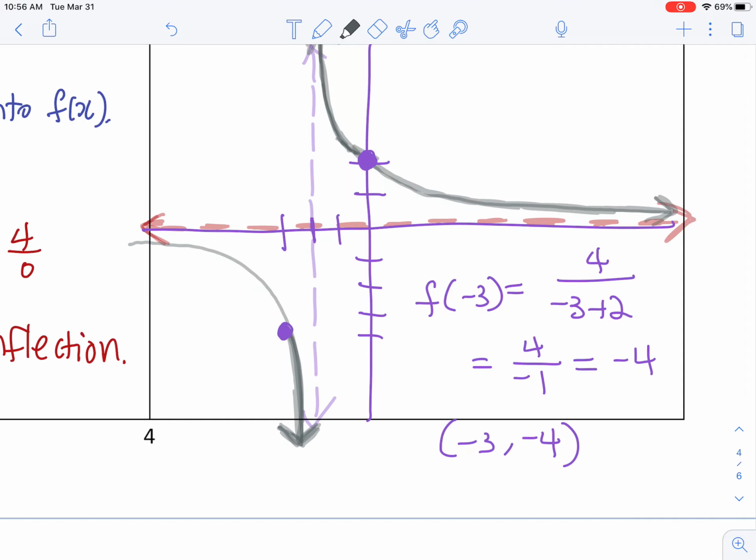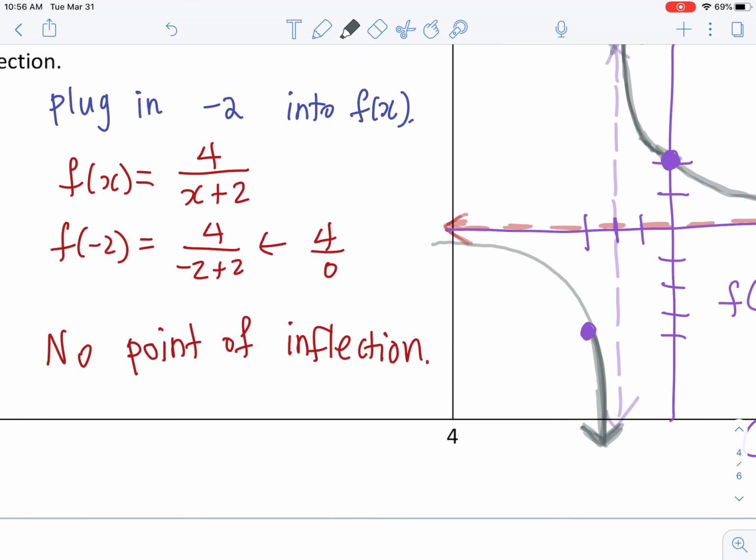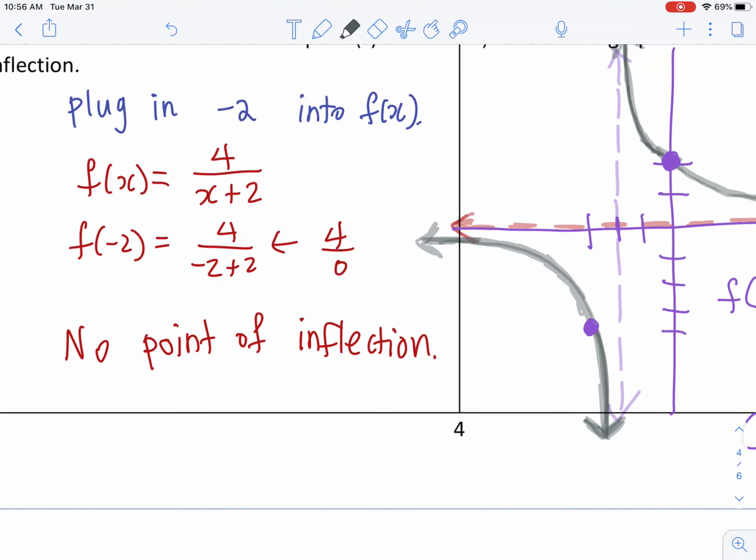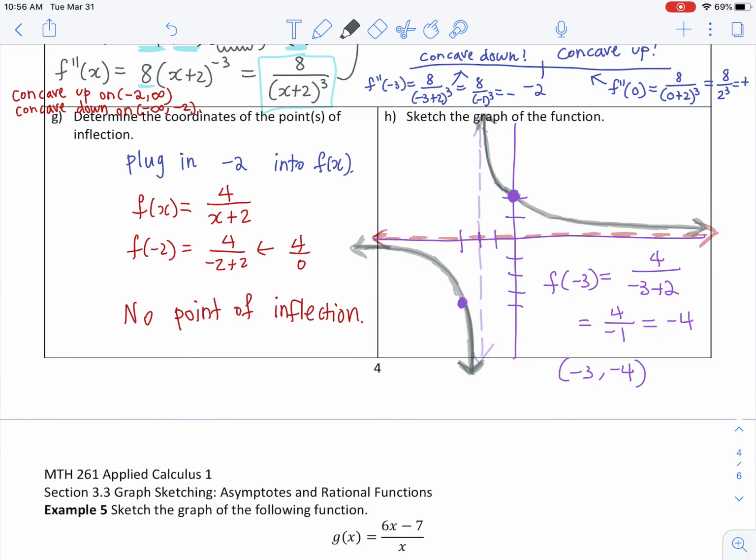It's not going to be able to cross that vertical asymptote. But as this is, whoopsies. Well, to the left side, it's going to approach your horizontal asymptote of y equals 0, but it's not going to be allowed to cross that horizontal asymptote of y equals 0. And this is just based on everything that we found in parts A through G.